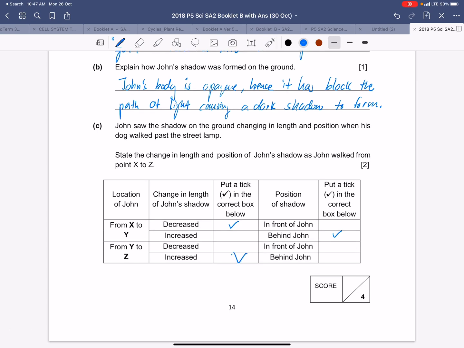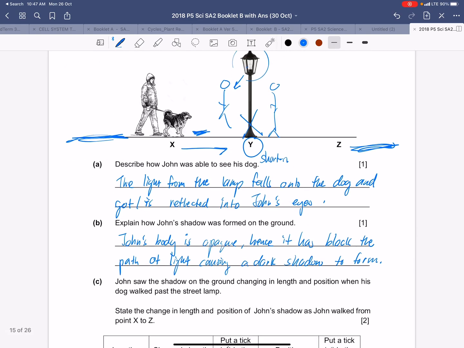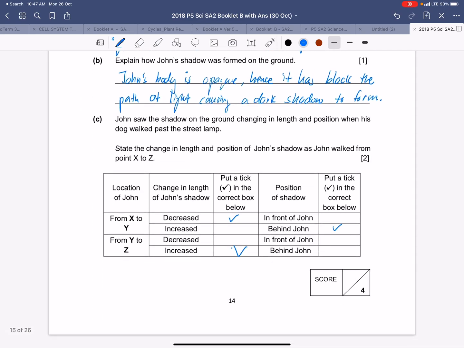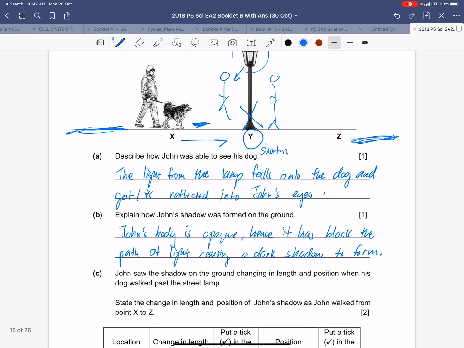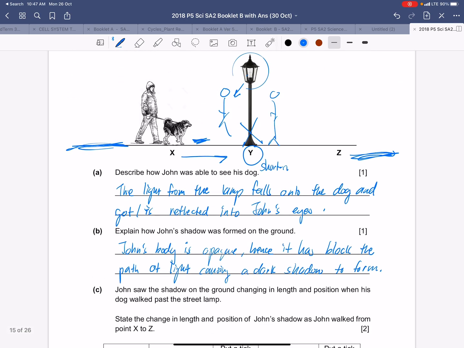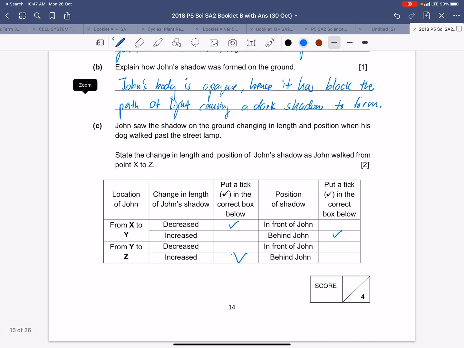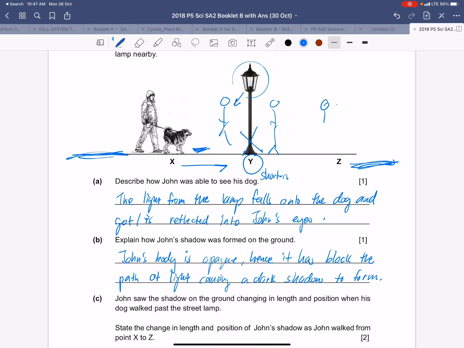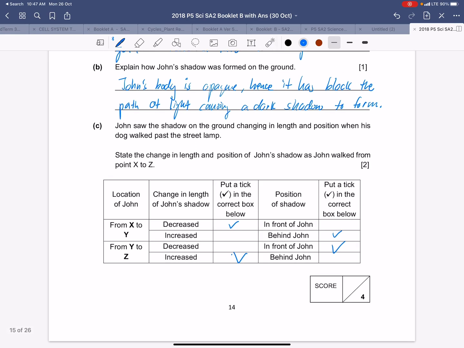Alright, position of shadow is actually behind. Sorry, in front. My apologies, because he's walking in this direction. So the light will shine this way, he will block the light and it will be formed in front of him. Okay, so this is the answer.